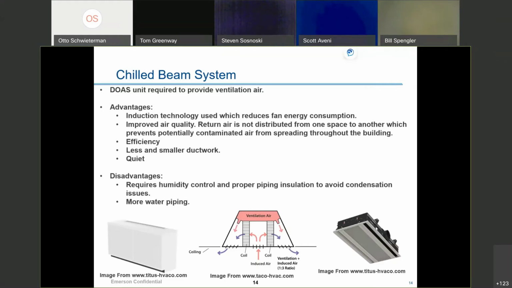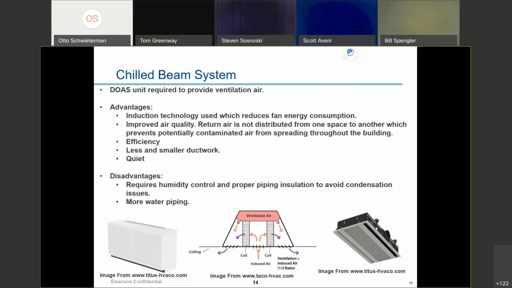This is another good thing about the system: there are no fans, so it's quiet. You're not going to have the fan running above, like you do with VRF systems. You're going to have a fan in that space moving the air, or a unit ventilator, or a fan coil installed directly above the system. These are good units for sound sensitive rooms. It's also efficient as well.